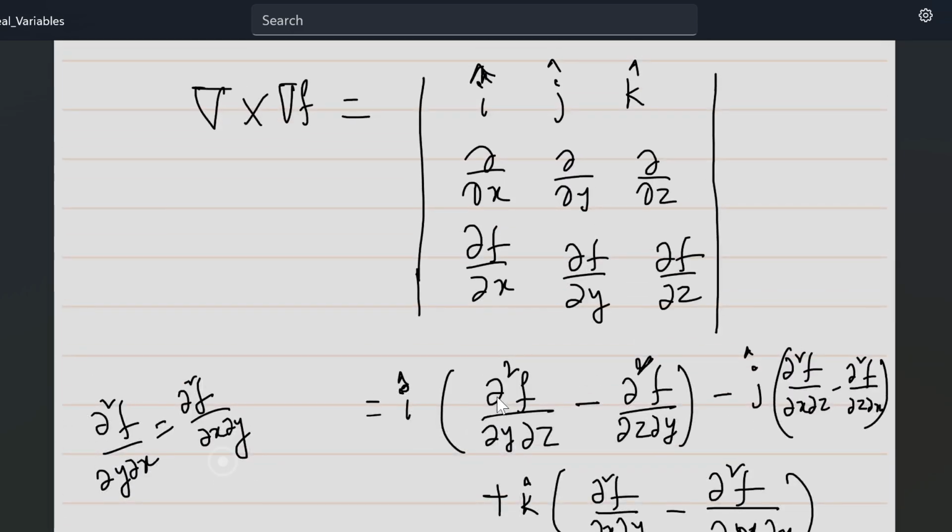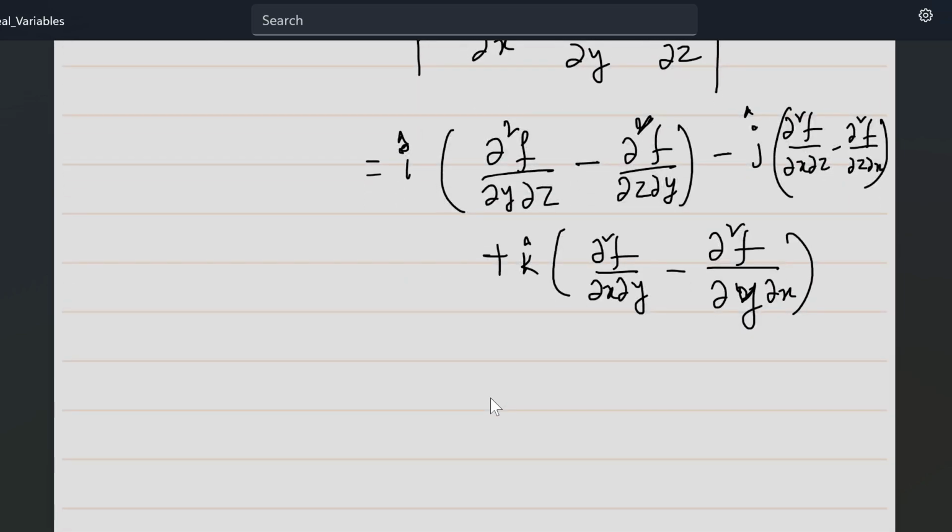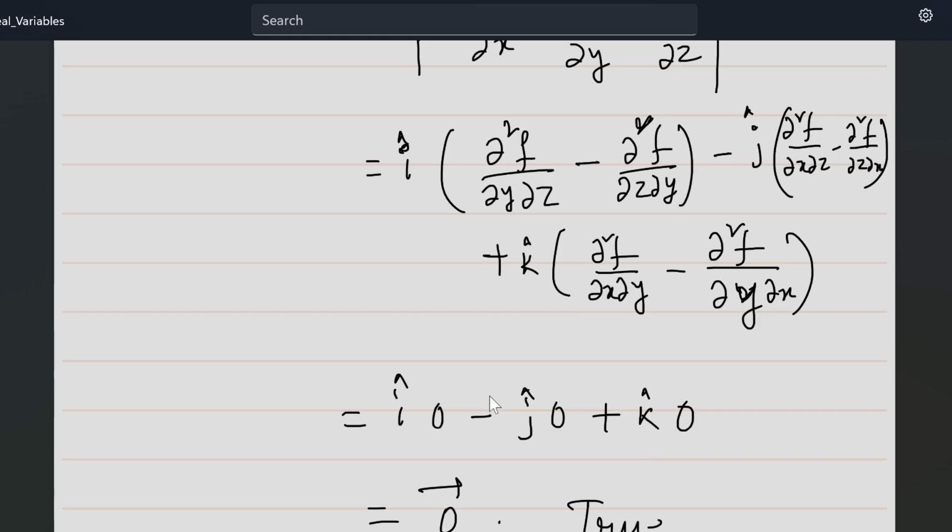So with this assumption, every term in this bracket is 0, right? It will cancel. So it is i into 0 minus j into 0 plus k into 0. So it is a 0 vector. So curl of grad is 0. So it is a true statement. Correct?